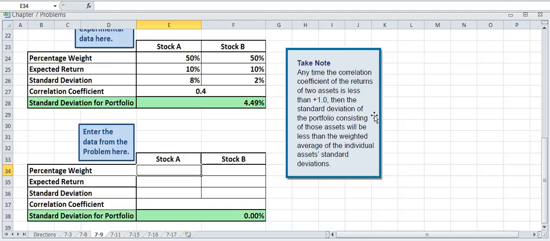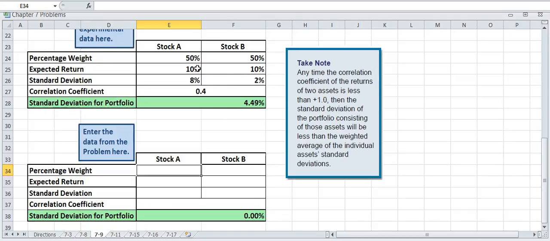Okay, wow, a lot of words there. What they're saying is that if the R value, if they don't really correlate, then the actual deviation is going to be less than the weighted average. So I've put some numbers in here.